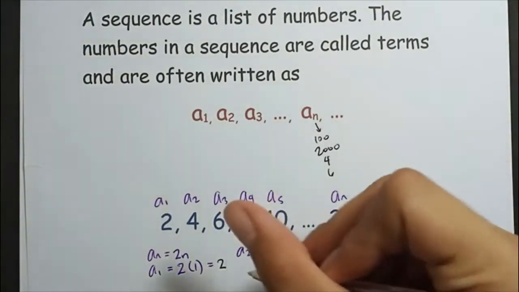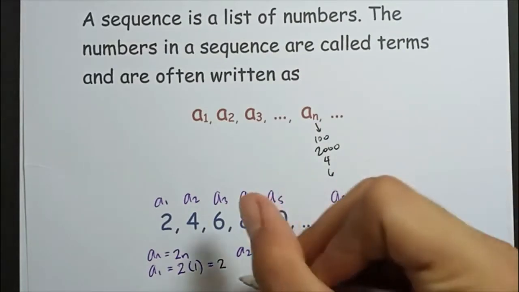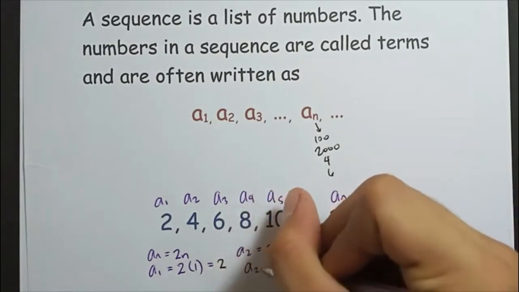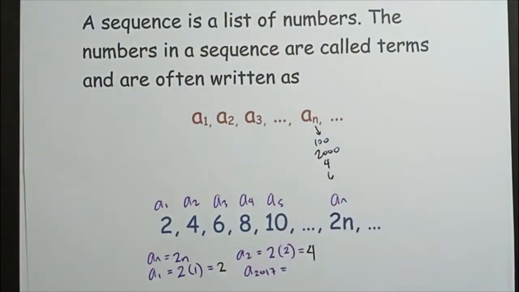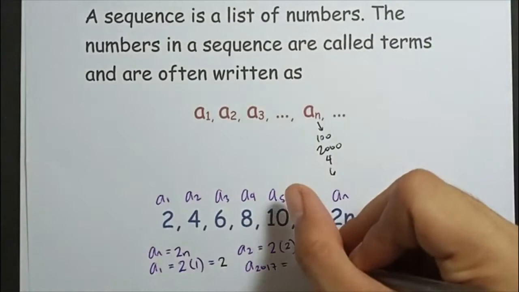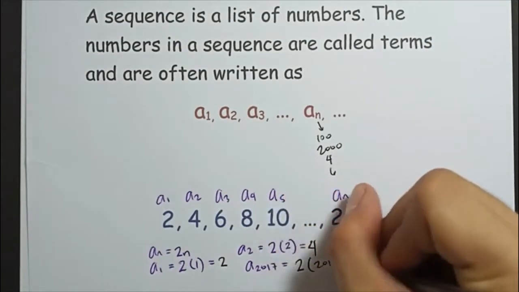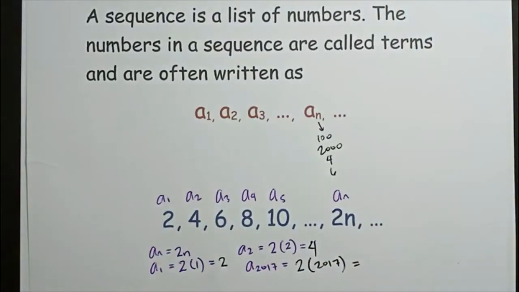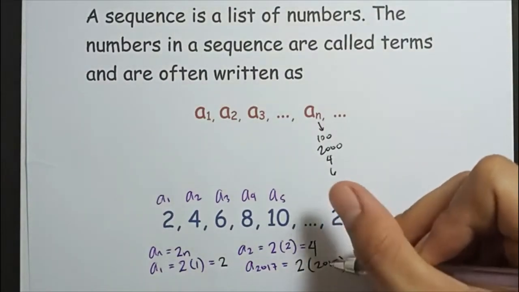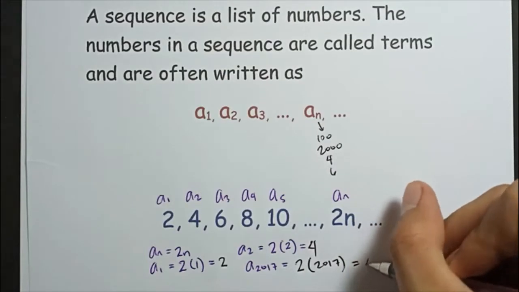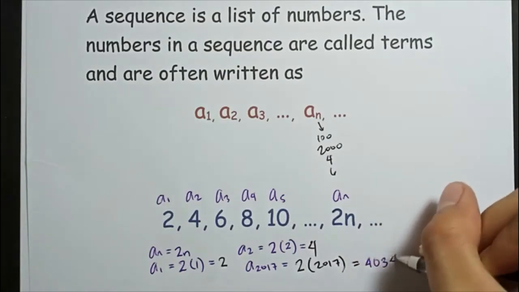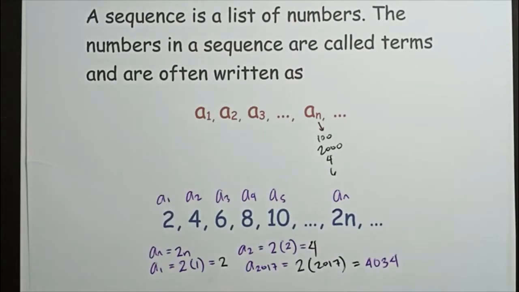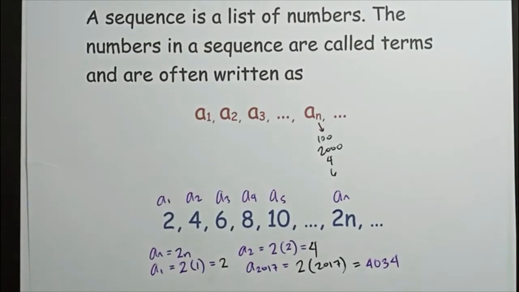So, let's try kapag naman, let's say ito ay naging 2017. A sub 2017. Biglang talon tayo. Kapag a sub 2017, meaning 2 times 2017. Then, ano sagot? 17 times 2 is 34, and 2,000 times 2 is 4,000, so 4,034. So, ibig sabihin, yung 2017th term natin will be equal to 4,034.